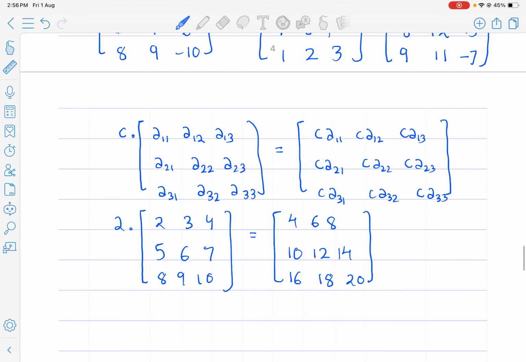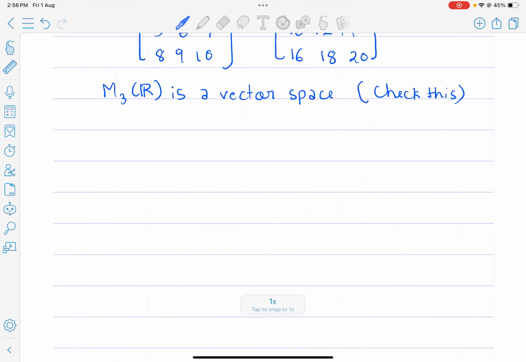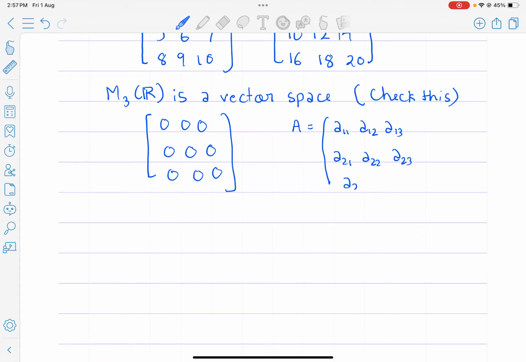Now you check the 8 axioms that I described in the starting lecture, and you will see that M_3(R) is a vector space. In this case, our zero vector will be the matrix of all zeros. Let's say A is a matrix with entries A11, A12, A13, A21, A22, A23, A31, A32, A33.